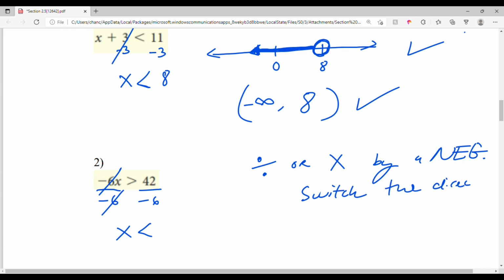It's very important. You have to switch the direction of the sign if you're dividing or multiplying by a negative for an inequality. And so we have 42 divided by negative 6 is negative 7. And again, notice that we switched the sign because we divided by a negative.